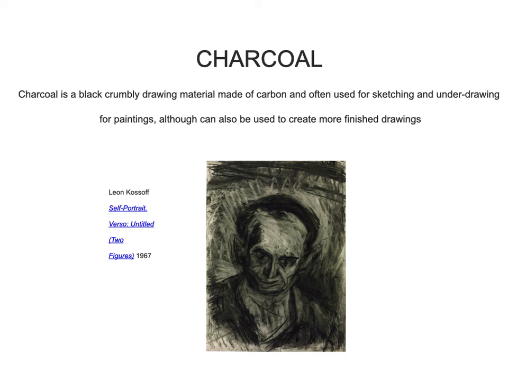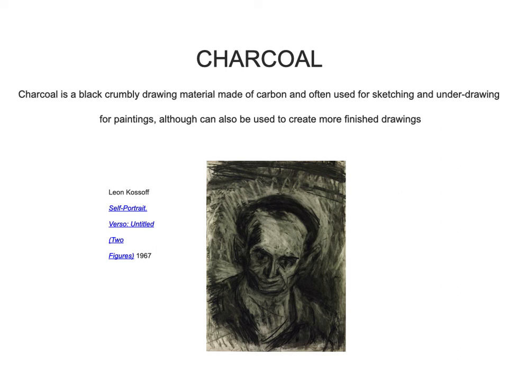Charcoal is traditionally made from thinly peeled willow twigs, which are heated without the presence of oxygen. This produces the black, crumbly sticks, which leave microscopic particles on the paper or textile fibers, producing a line that is dense at the pressure point, but more diffuse or powdery at the edges.